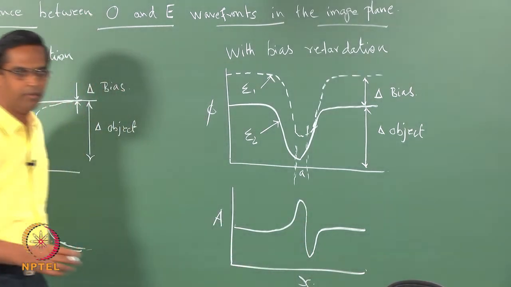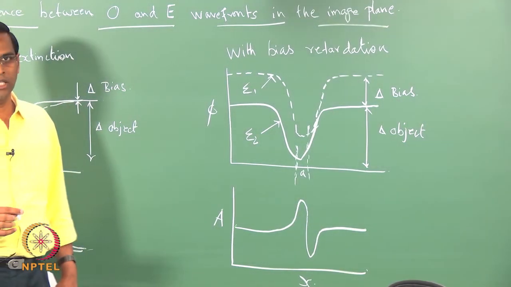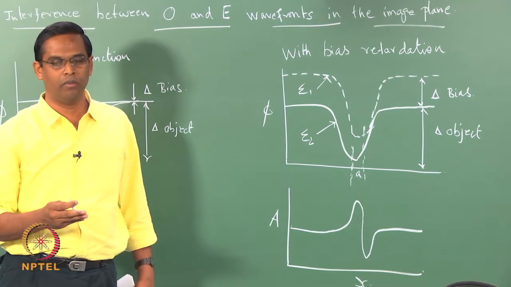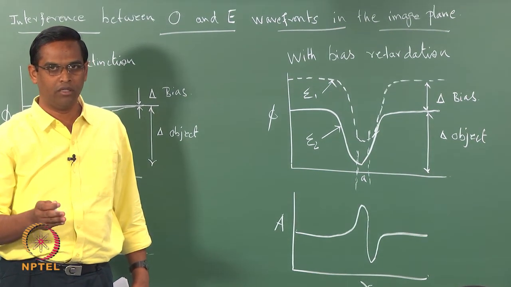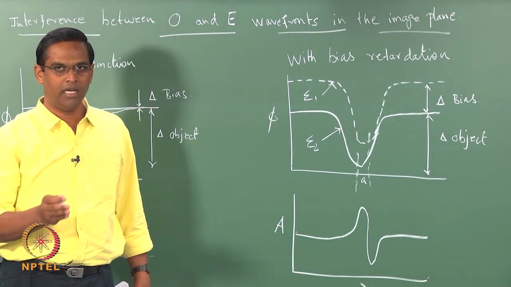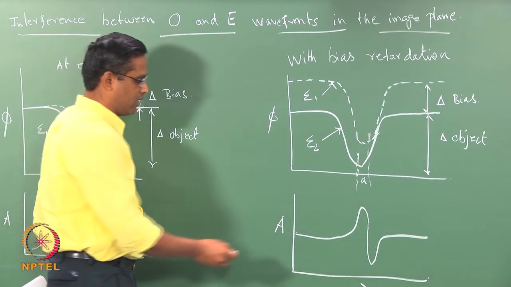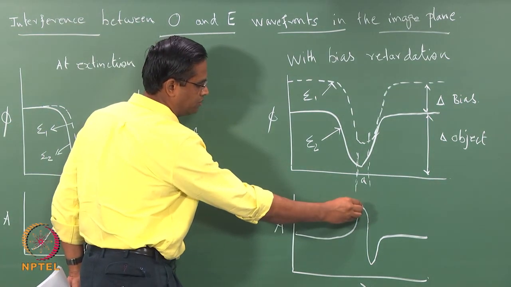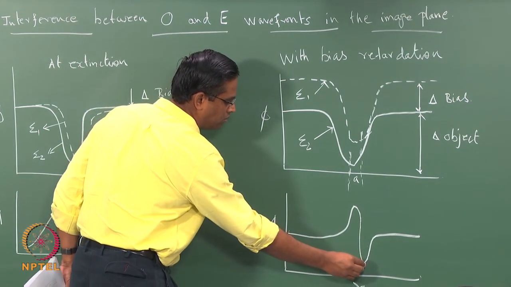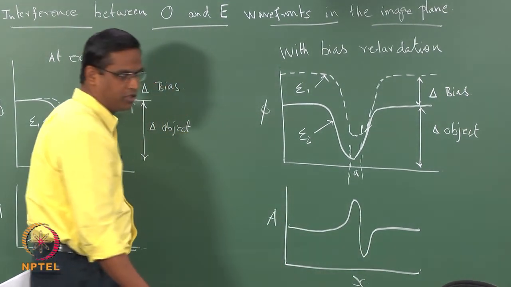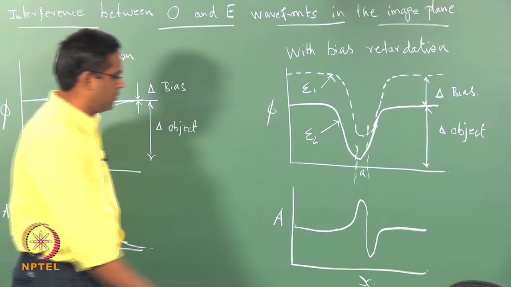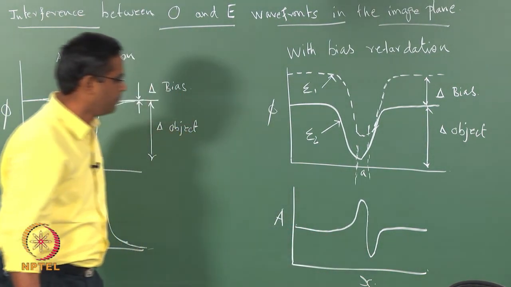So that means what? You will see the objects under the microscope. At one side it will appear brighter, the other side it will appear darker. So the brighter side belongs to this peak, the darker side belongs to this position, that is trough. Okay.